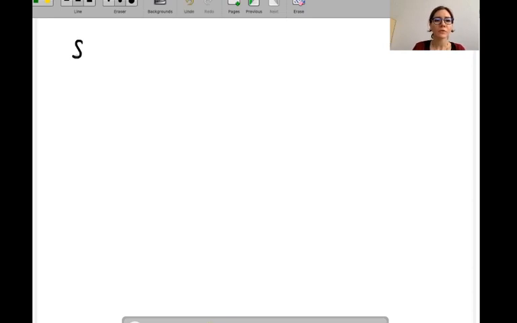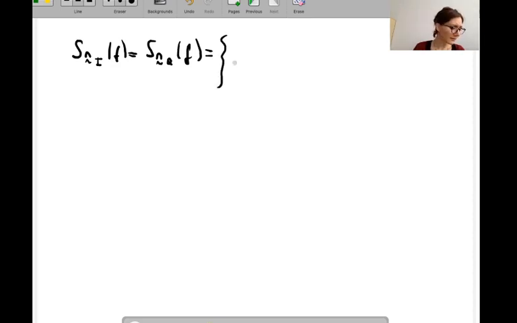So I'll just write this down once more as Sni of f. We know that Ni and Nq have the same autocorrelation functions and the same power spectral density, so these are equal. And this time I will write it in terms of the partial definition.